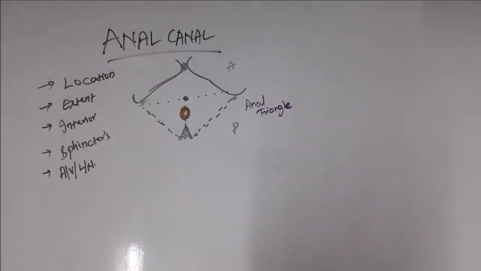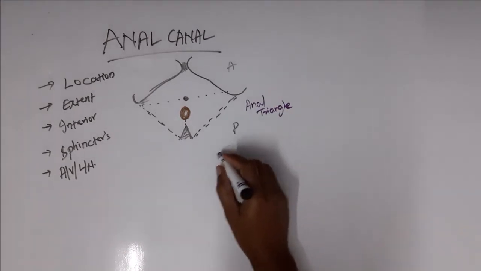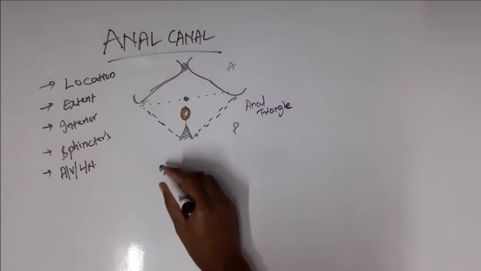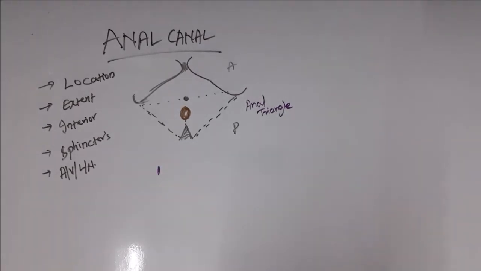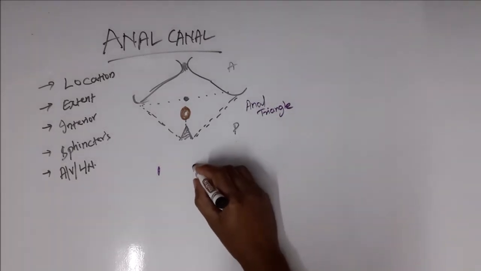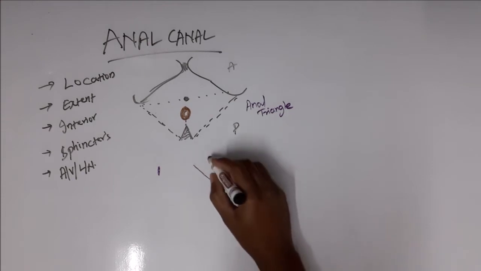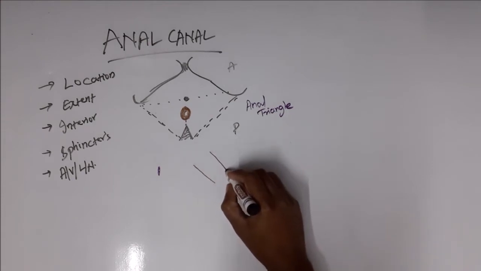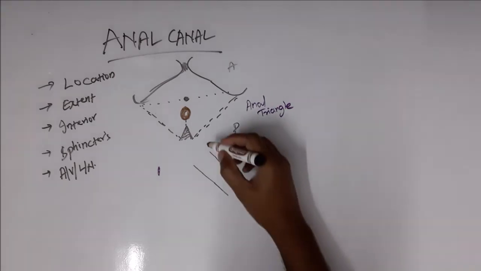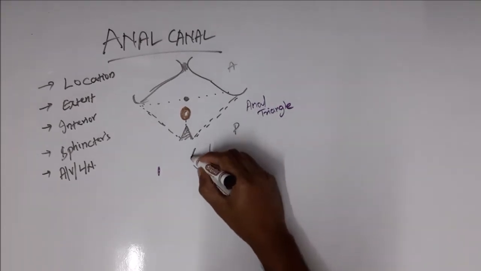And what is the extent of it and what is the course of it? If you see one more diagram in the lateral view, how it looks is it goes backwards and downwards from the anorectal region.